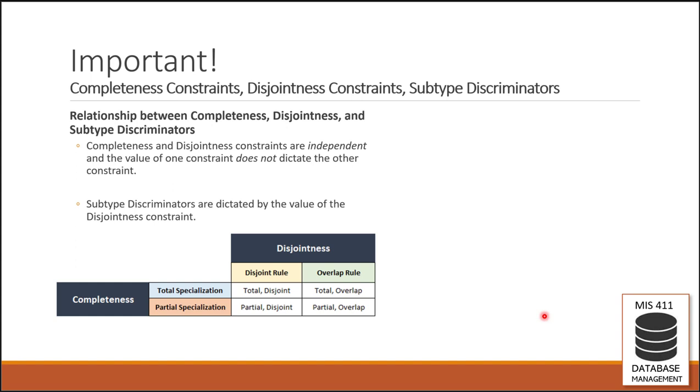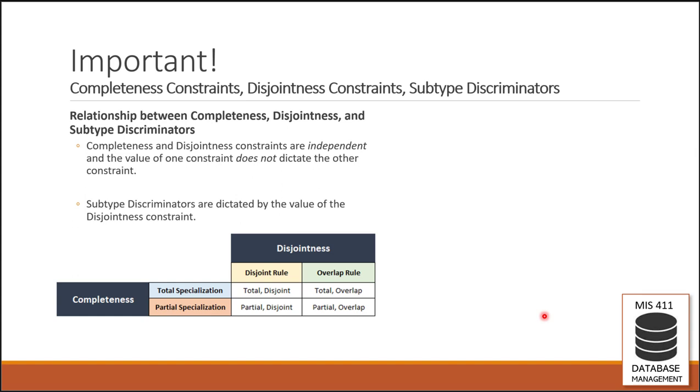So an important note, something to really be aware of. We talked about completeness constraints, we talked about disjointness constraints, and we talked about subtype discriminators. And because we've gone through many of these concepts pretty quickly, I just want to be very clear. Completeness constraints and disjointness constraints are independent of each other, okay?